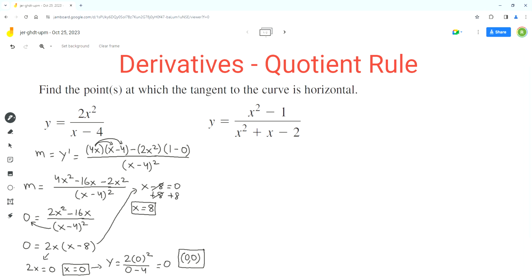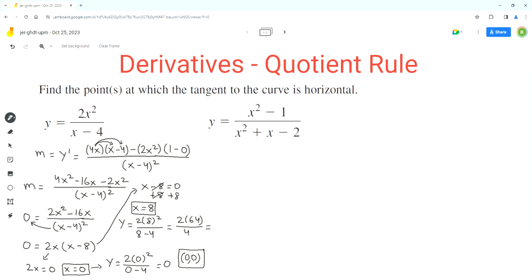Now for the second point, we'll sub in x as 8 in the y equation. So we get y equals 2 times 8 squared over 8 minus 4, which can be simplified to 2 times 64 over 4, which can be reduced to 32.